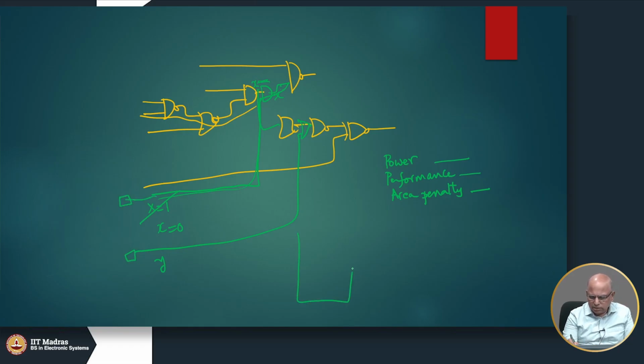See, in a circuit, these are the pins, these are the IOs. So, if you are demanding an extra IO pin for the sake of controllability and observability, this is the biggest concern.